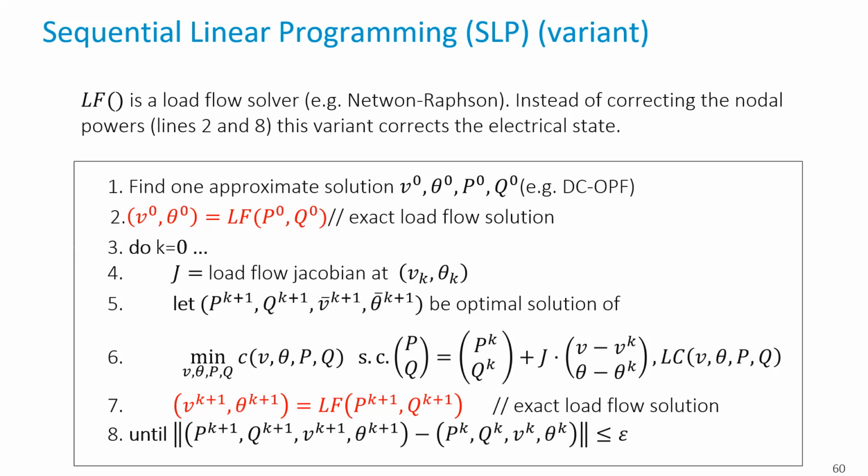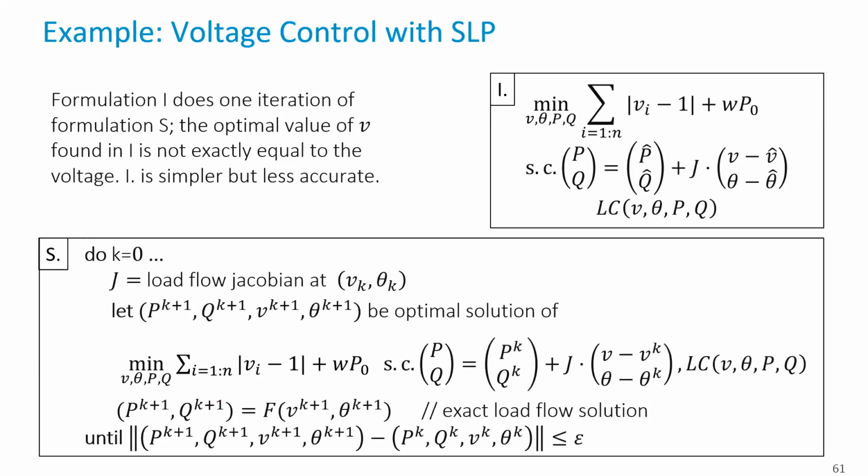It's an algorithm that will need to do one load flow at every step, plus iterate on it. But the goal is different. We want to find not one electrical grid that corresponds to one load flow, to one set of power injections, but we also want to find what the power injections should be that satisfy my optimality goal.